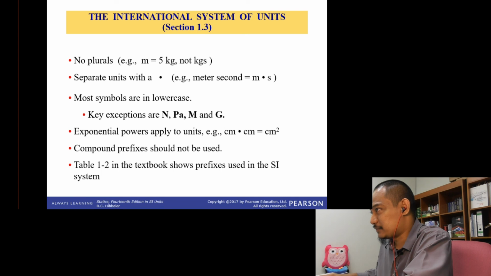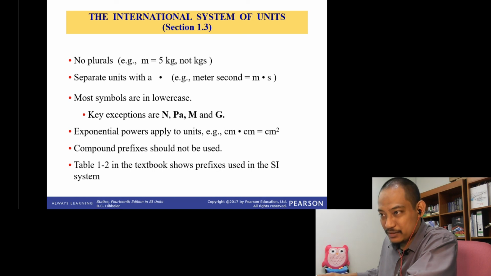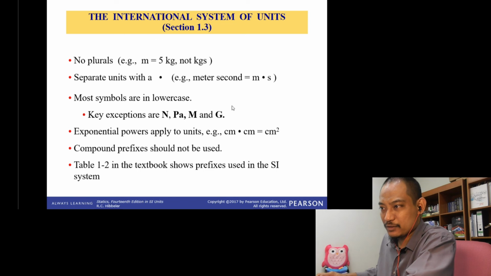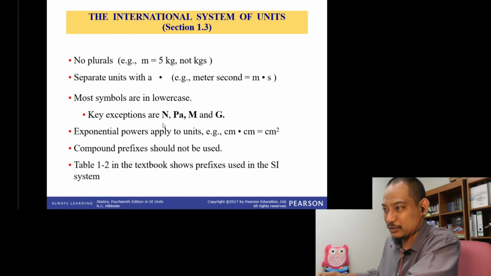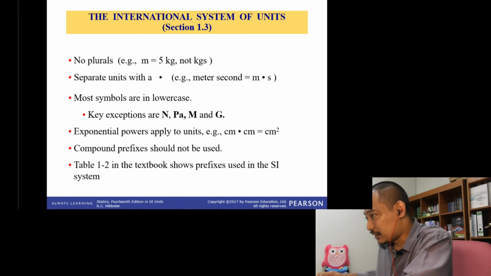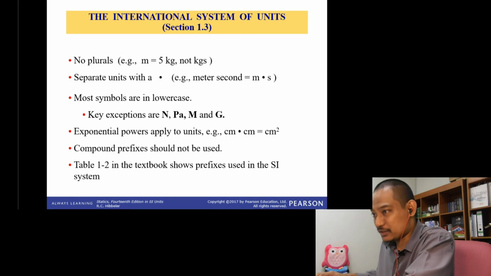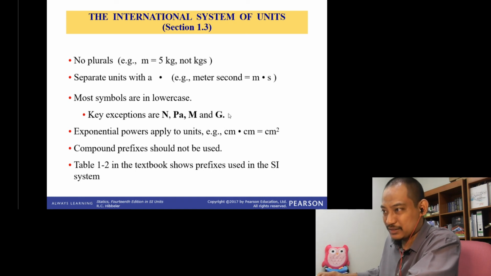Is there a question here? Mg or other prefixes. Oh, this is for symbols. This is Newton, Pascal, etc. Mg are the units. These are symbols.